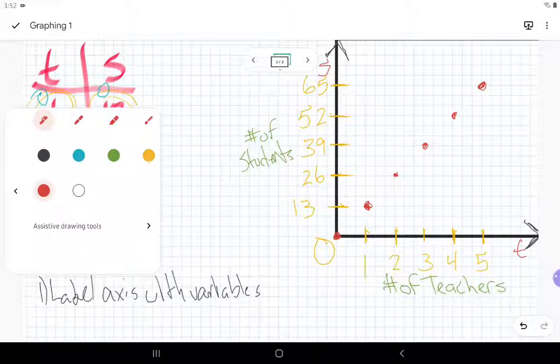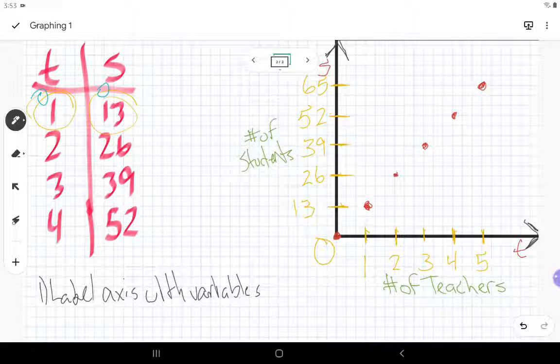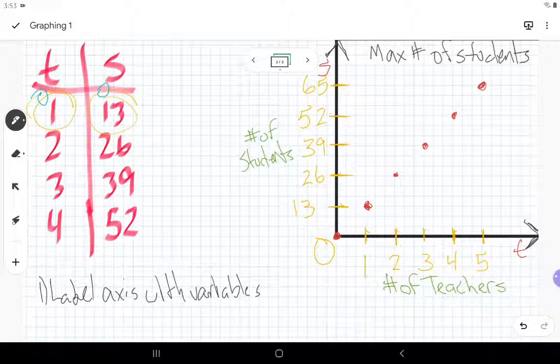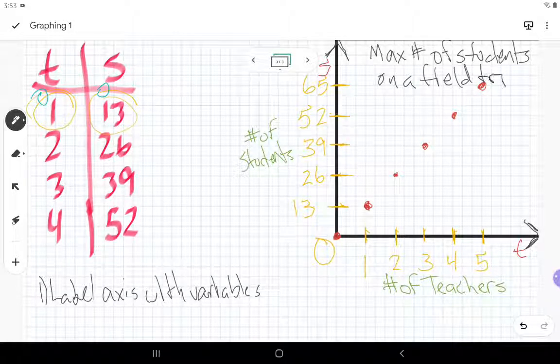Now we do need a title as our last thing. So I need a title for the graph. So I could say maximum number of students, and you would want to write out number, on a field trip. There's my title. Great.